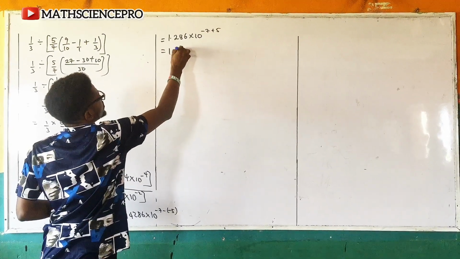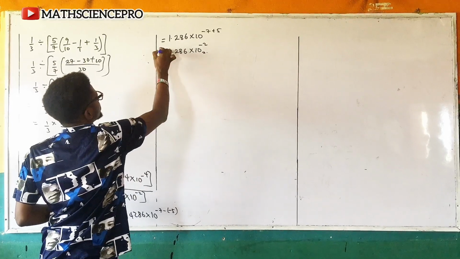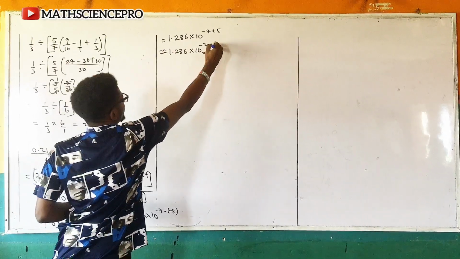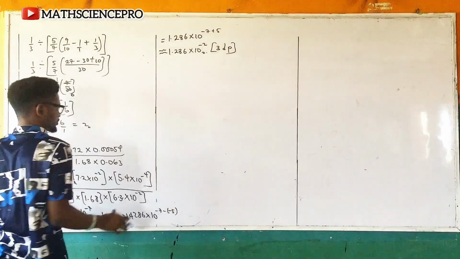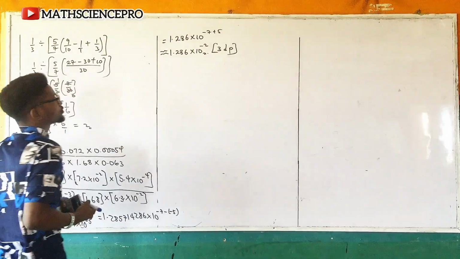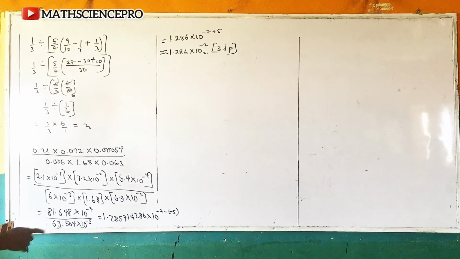We have 1.286 times 10 raised to power minus 2 approximately. So I have my final answer in 3 dp. But if it's going to be 2 dp, it's going to be 1.29, depending on the structure of your question.